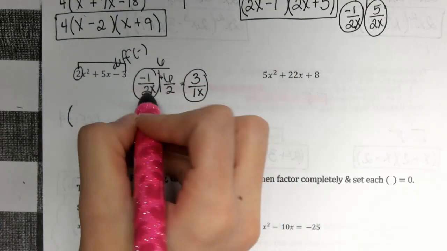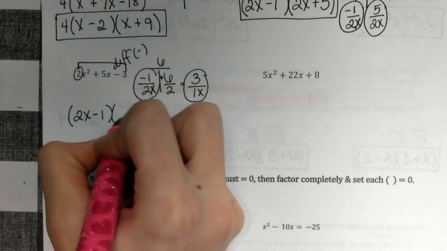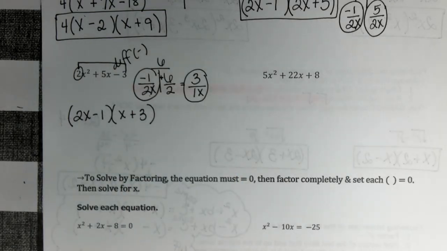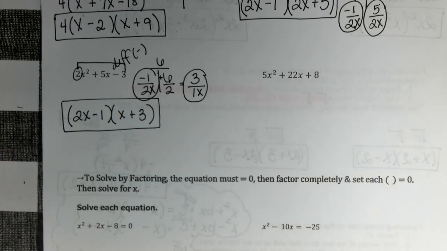So my final answer, I bring that 2x first, minus 1, and then x plus 3. All good with that? Okay, I want you to try your next one.